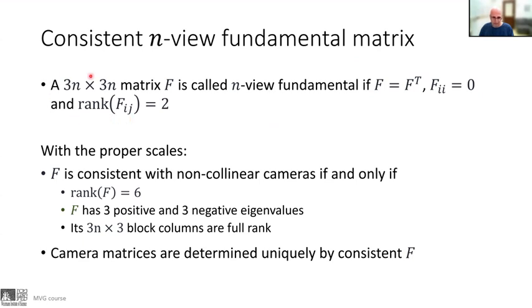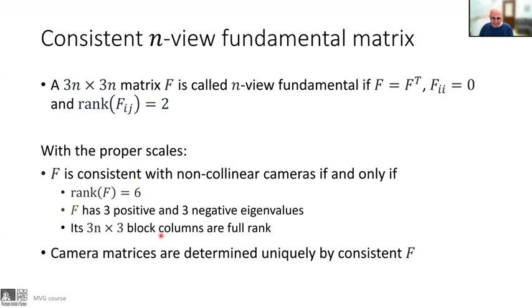Such a matrix is consistent if and only if the rank of F is 6, with 3 positive and 3 negative eigenvalues. And in addition, we need that every column block, 3n by 3, should be full rank, rank 3.